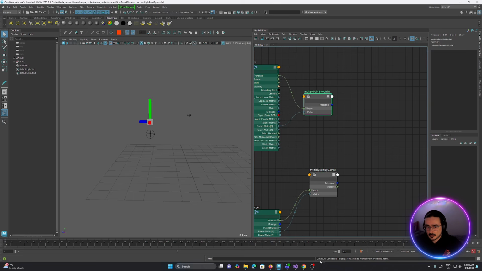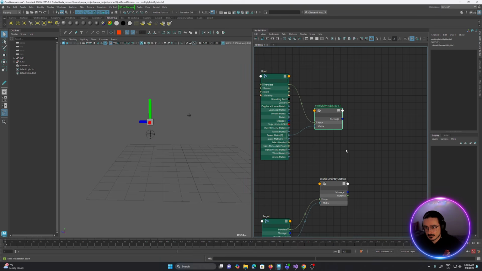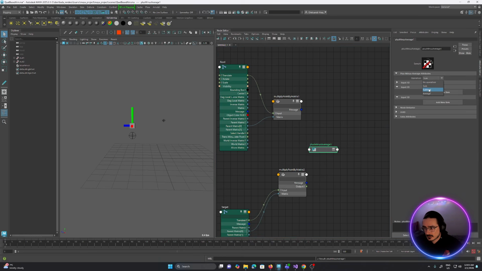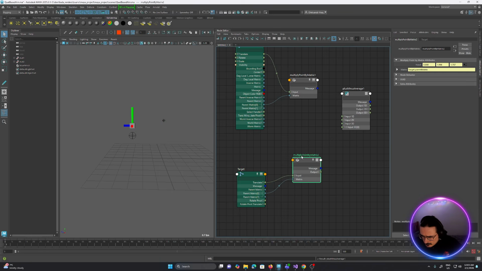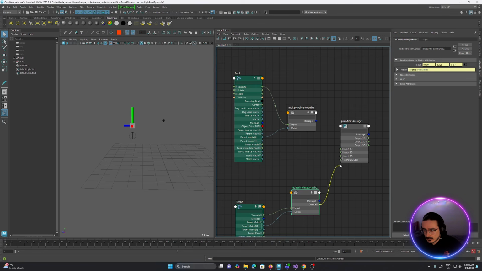So we have both of our translations in the world space. So now we can find the delta vector by using this plus minus average node, set it to subtract, and let's subtract my root from my target.